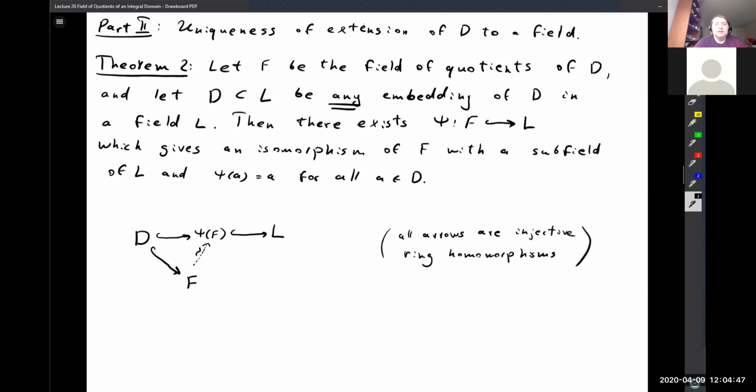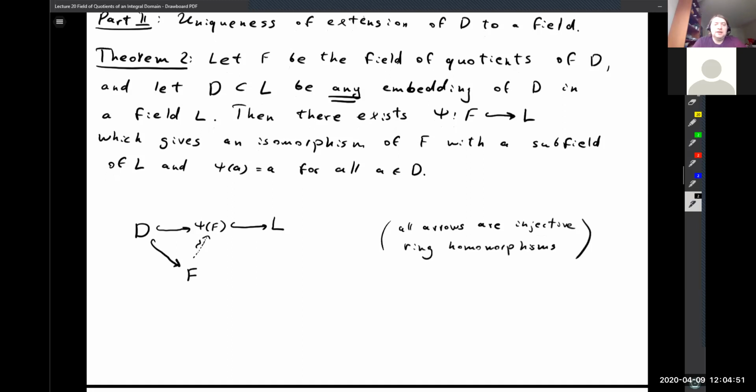Okay, so how do we prove that? The way we construct this psi is precisely because L is already a field, so every non-zero element has a multiplicative inverse there. Proof.